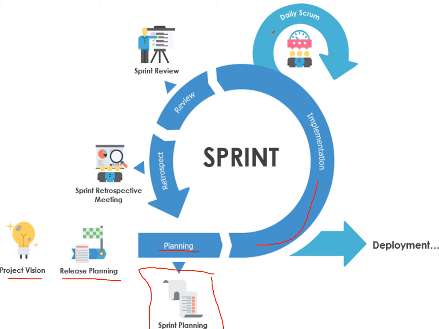We have the daily Scrum meeting, and then when we come out with any prototype or demo of software, we have what we call the sprint review meeting. Then we have another meeting, the sprint retrospective meeting, and then we continue. We can do another development or another sprint. Okay, so that's as simple as that.